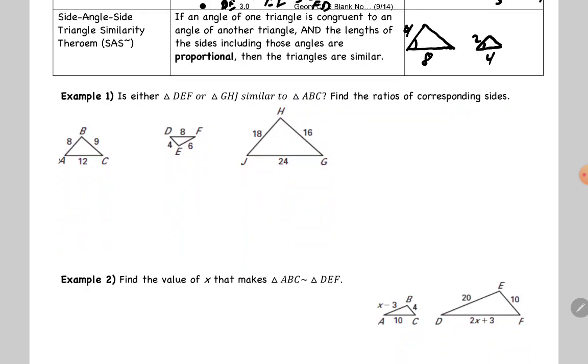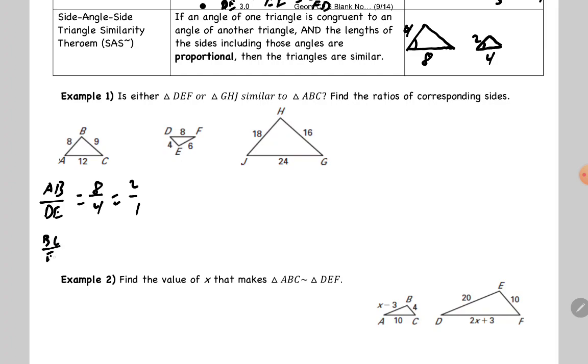Alright, let's find out if any of these triangles are similar to each other. We need to check all the sides because they don't give us any angles. Let's look at AB over DE. I'm going to compare the two small triangles. AB to DE is 8 over 4, which is 2 over 1.